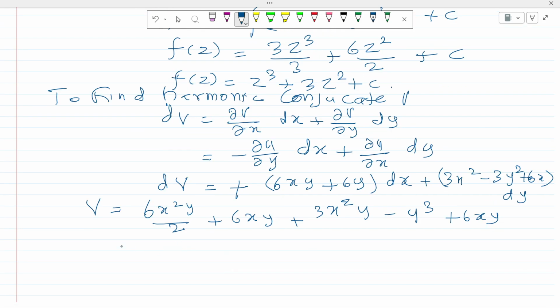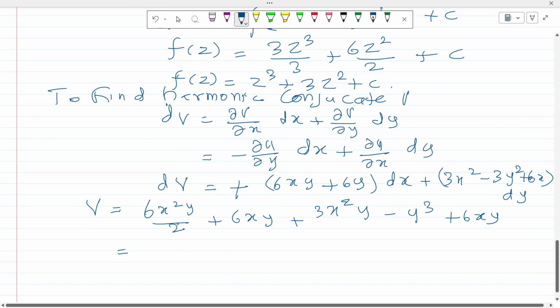Finally you will get 3x square y plus 3x square y, plus 6xy plus 6xy, which is 12xy, minus y cube plus some constant c. That is v.